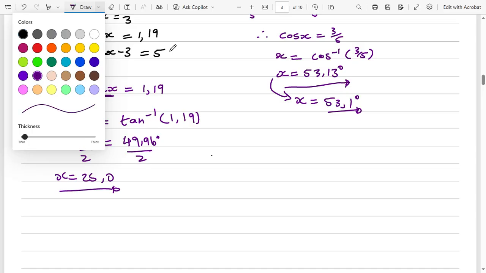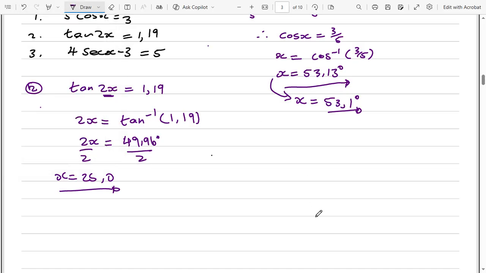Okay, so on this number 3, we are given 4 sec x minus 3 equals 5.